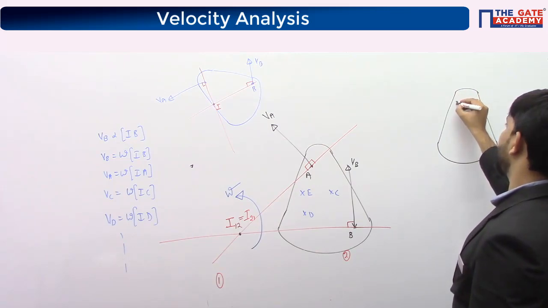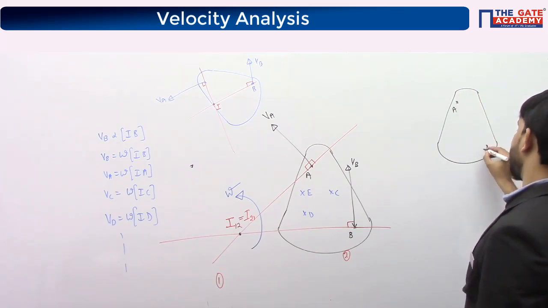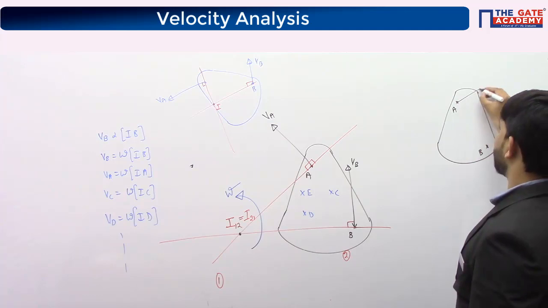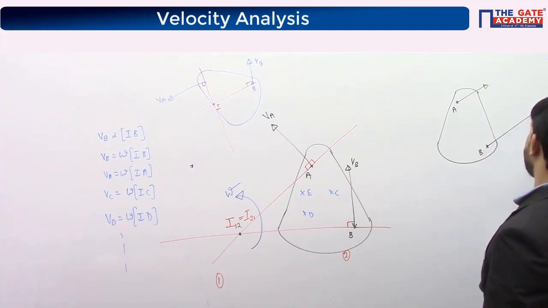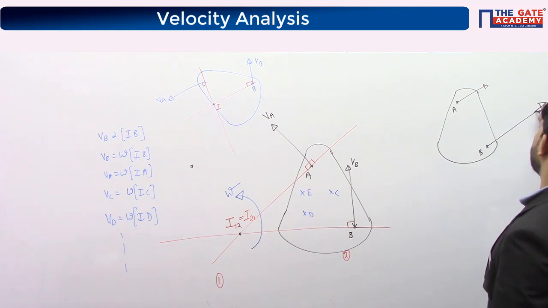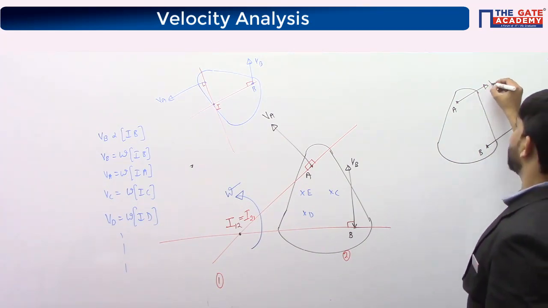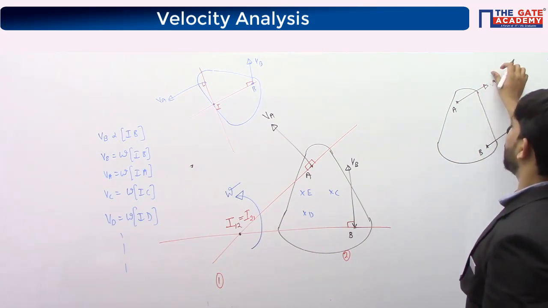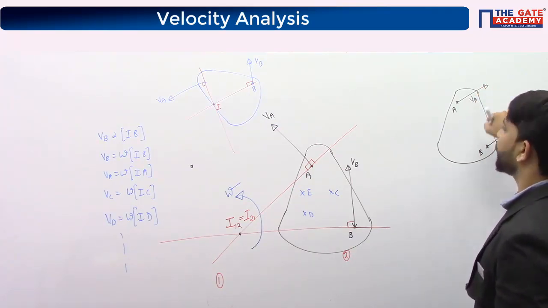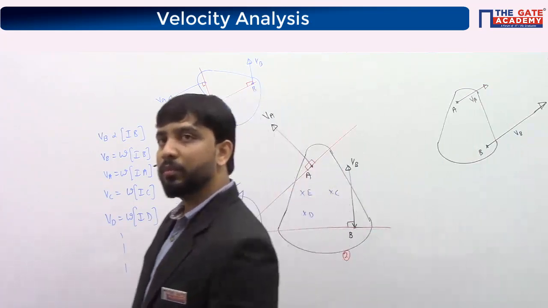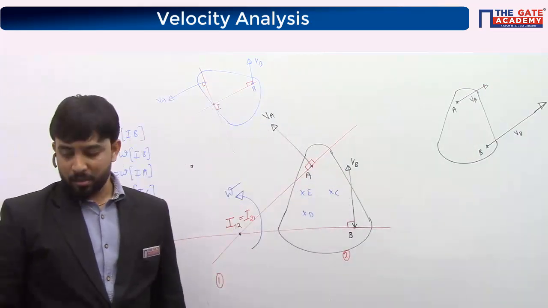Taking this body, I'm choosing 2 points like this, A and B. If you draw the velocity vectors, here the velocity vector is in this direction. Here also the velocity vector is in the same direction, but of higher magnitude. This is VA, velocity vector at point A. This is the velocity vector at point B. Okay.